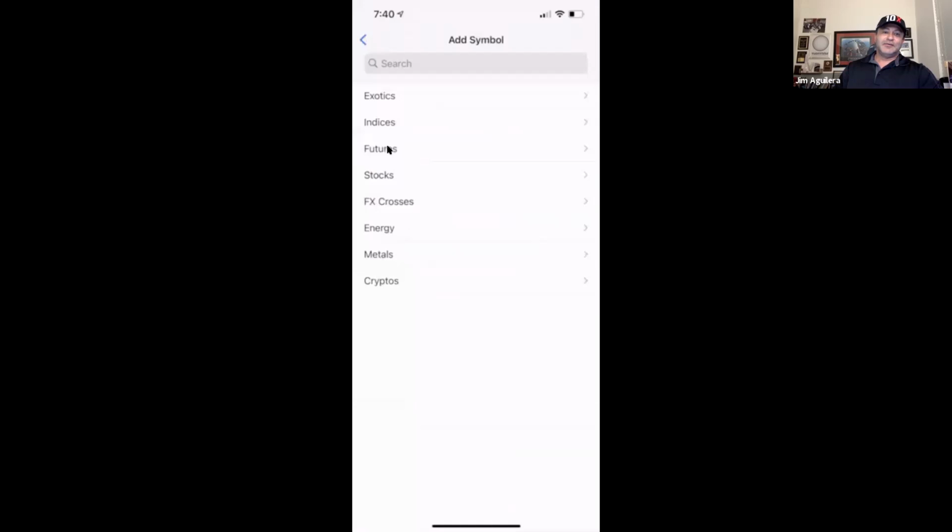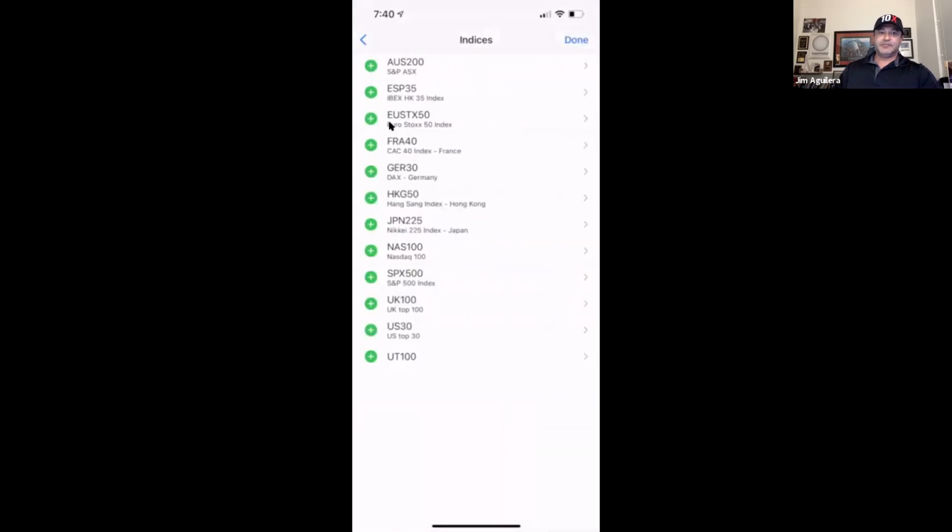So right here under indices, we have various indices from around the world. We have Australia and Spain and France, German 30, Hong Kong 50. And US 30 is the one we're talking about.